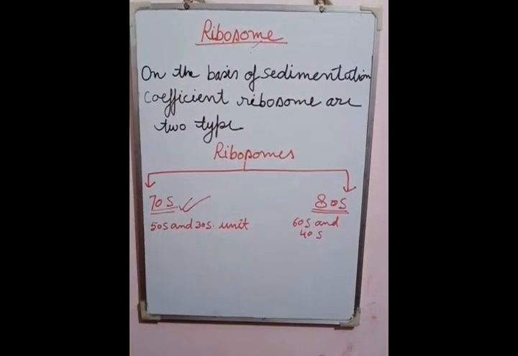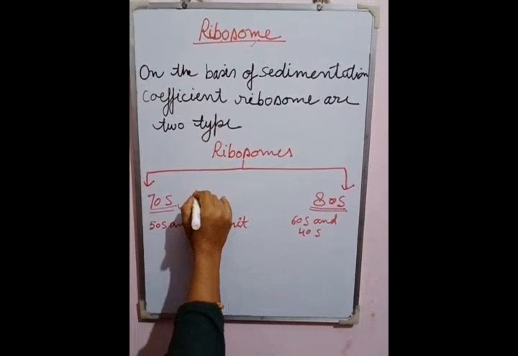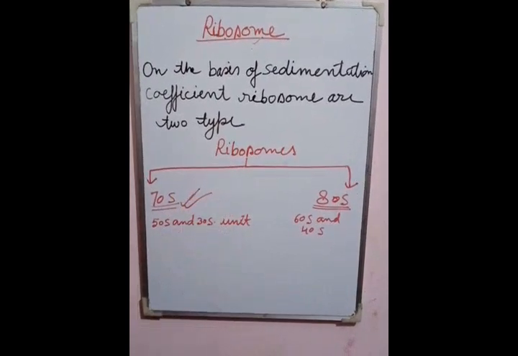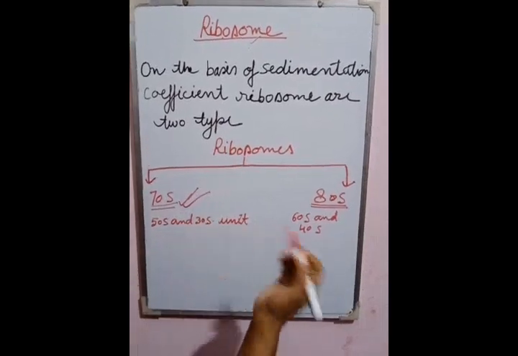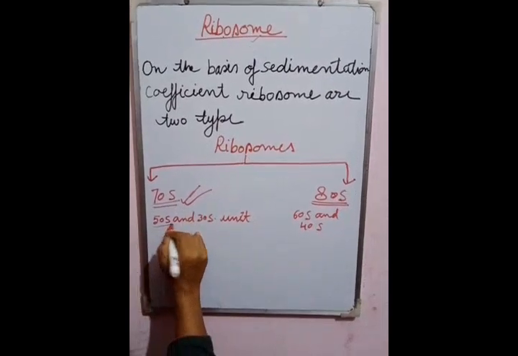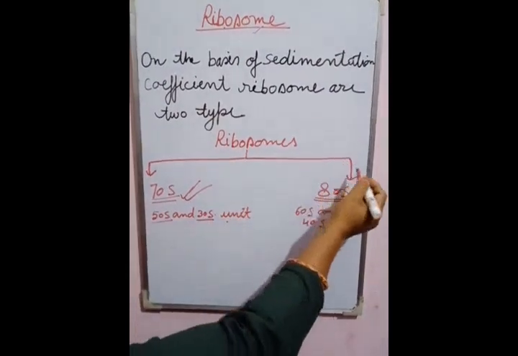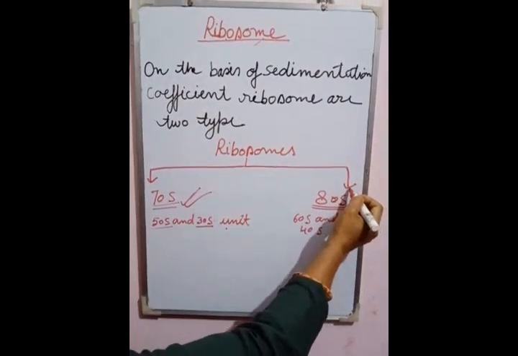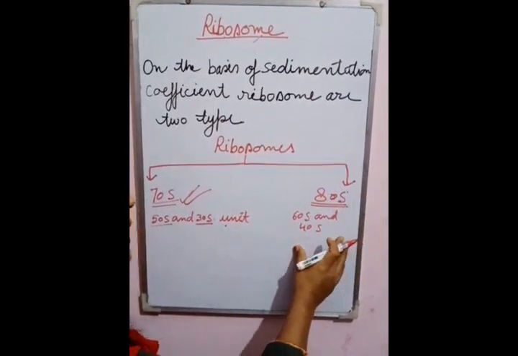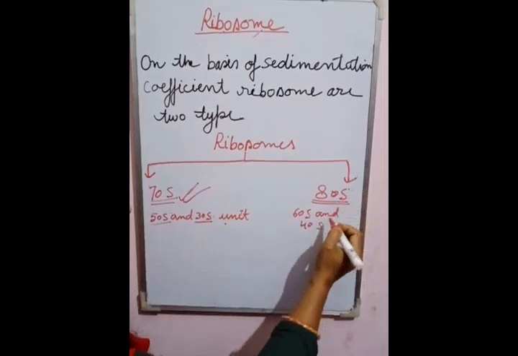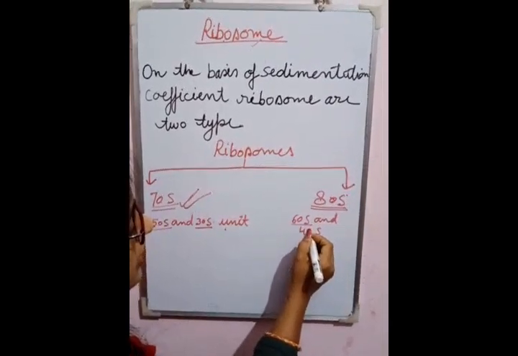Mitochondria and plastid are called the autonomous cell organelles because 70S ribosomes are present in both. And 70S ribosomes are again divided into the 50S and the 30S units. Then 80S ribosomes are found in all the eukaryotic cells and they are divided into two subunits, 60S and the 40S.